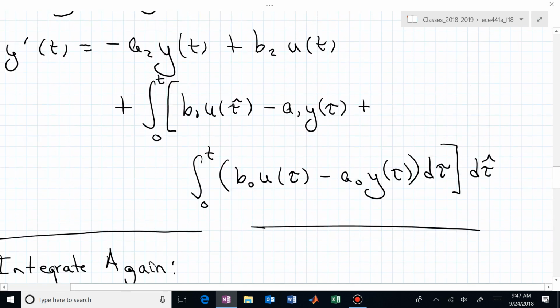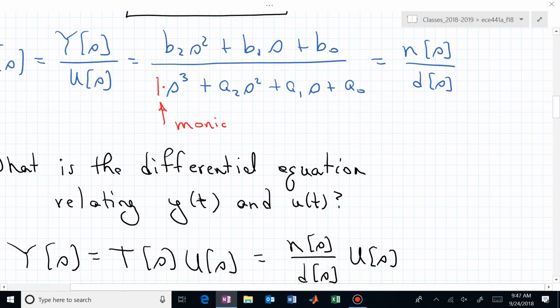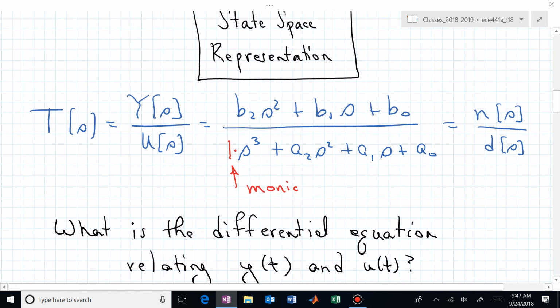Our transfer function initially, wherever that was right here. If I now gave you this transfer function, you could say, oh, a state space representation would be an input feedforward, and boom, you just write down by inspection the state space representation, because you know where the B's are, you know where the A's are, you know you have 1s on the super diagonal in the system matrix, and your output matrix is simply 1, 0, 0.